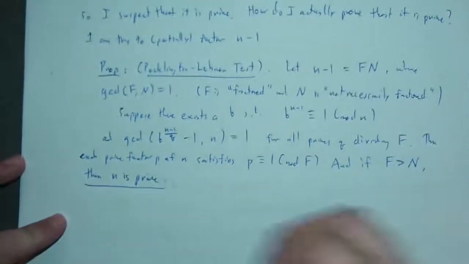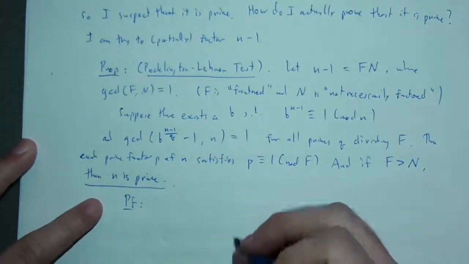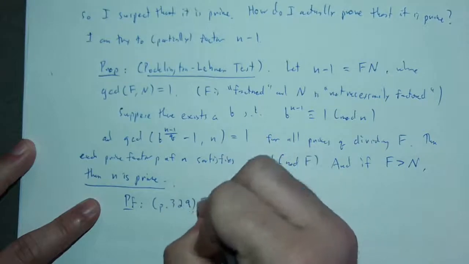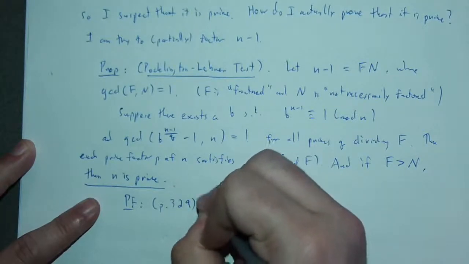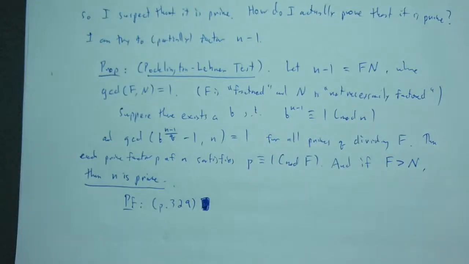Okay, the proof of this is not too bad. This is on page 329. This uses some facts about congruences and order, and the order theorem that we're well familiar with by now.